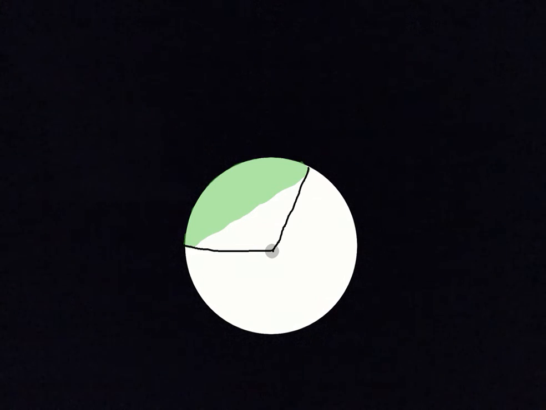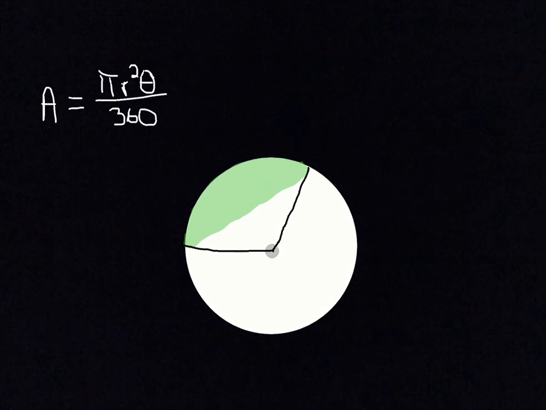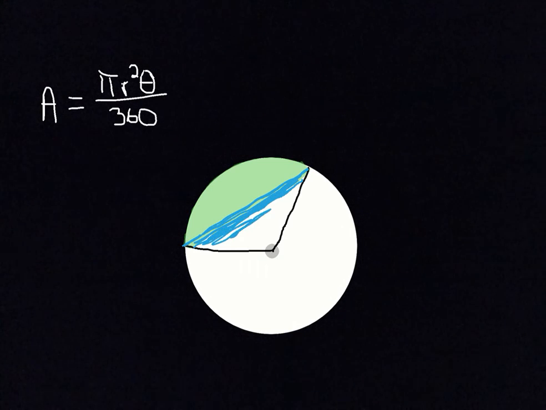And what we would do is find the area of this sector using our formula for area of a sector. And then once we found the area of the whole sector, then we would subtract the area of this triangle, this part right here that I'm shading in blue really quickly.